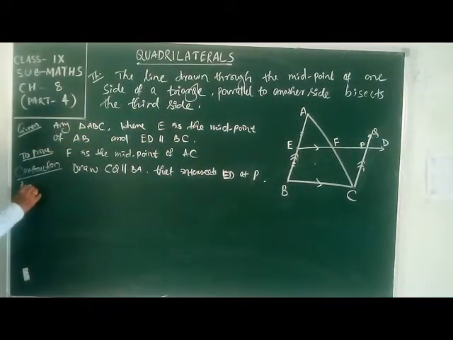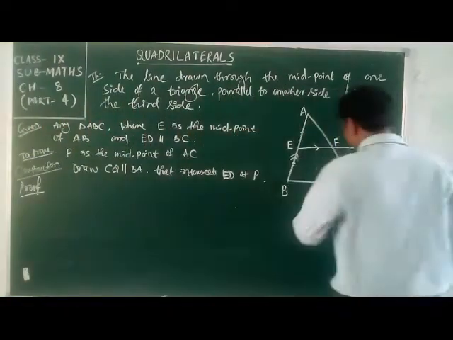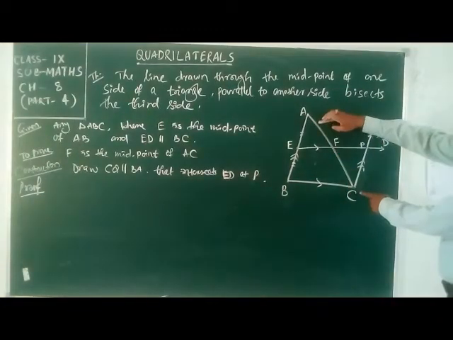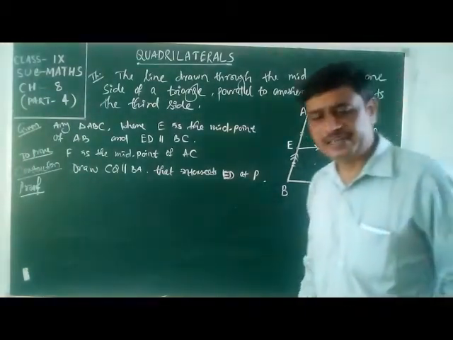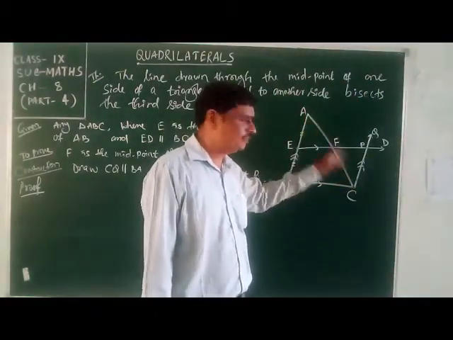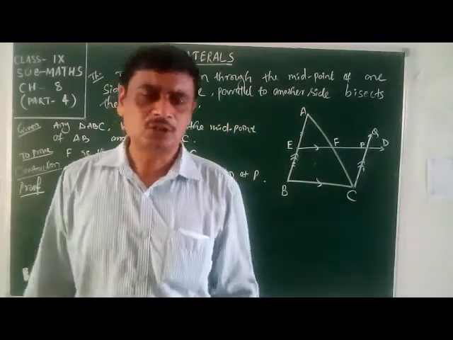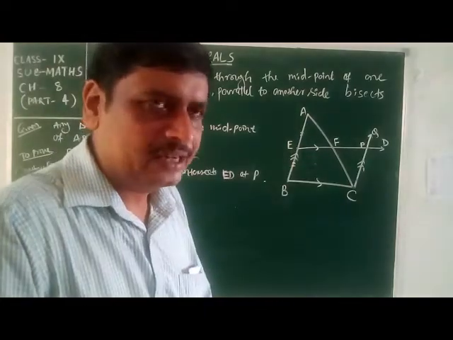Now we have to prove. How can we prove this F is the midpoint of AC? If it is proved AF and CF both are equal, then F is said to be the midpoint of AC. So how can we make this AF and CF equal?